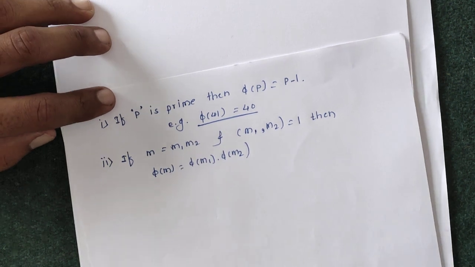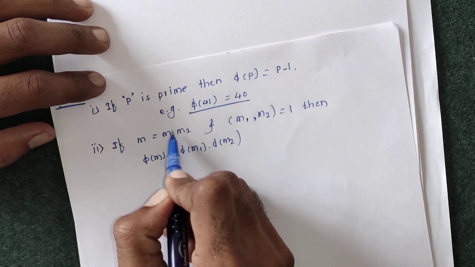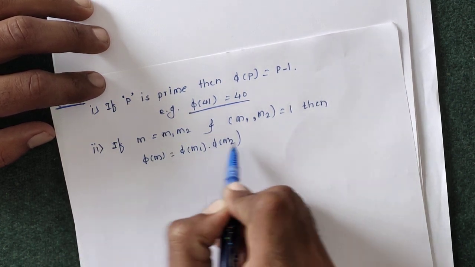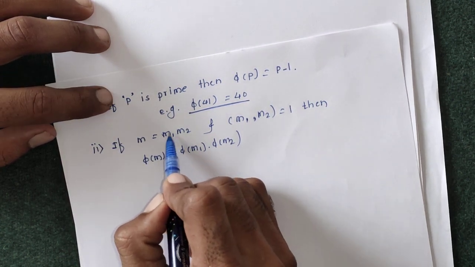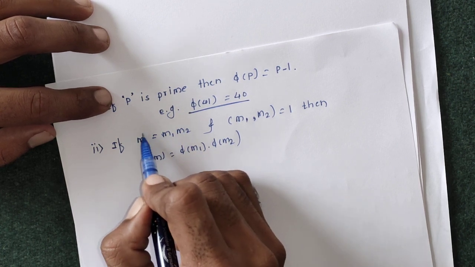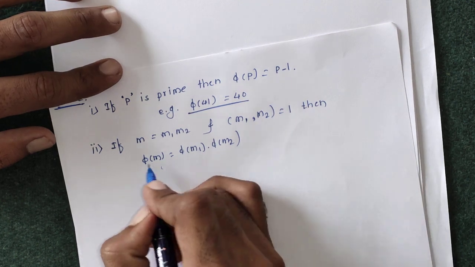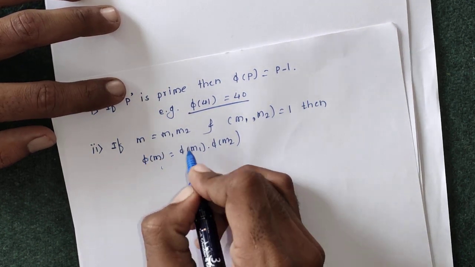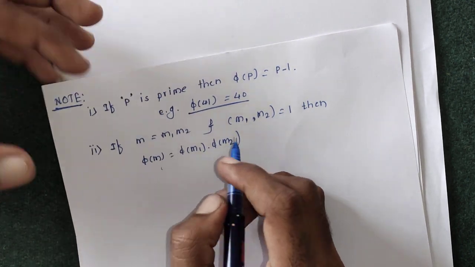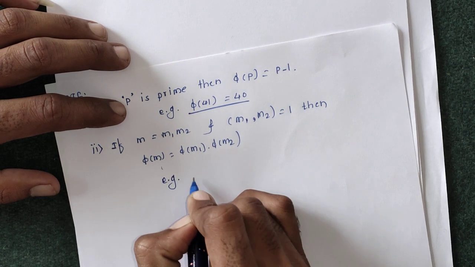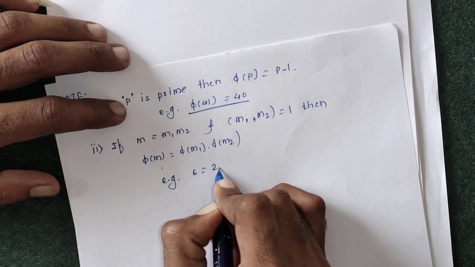To find phi, if we write the number m as a multiple of two numbers, we can't directly use this. We must have the GCD of these two factors of m be 1, then we can use this note, that is phi of m is equal to phi of m1 into phi of m2. For example, suppose 6 is equal to 2 into 3.